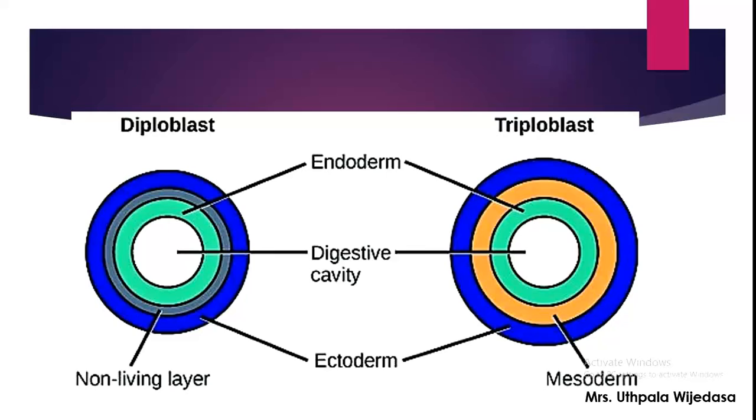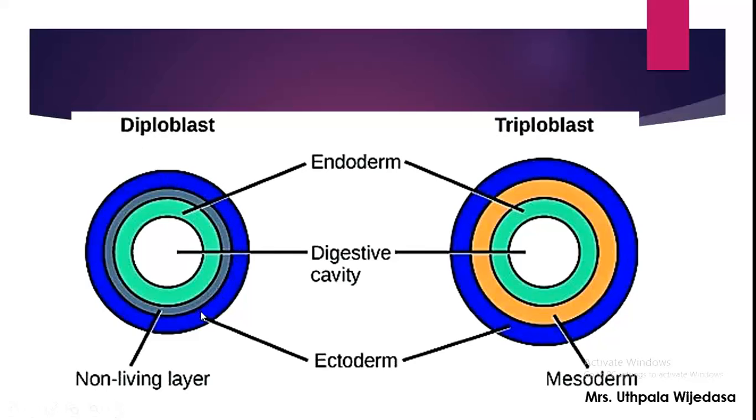Here you will learn that these cnidarians are the invertebrate group which are known as diploblastic. Diploblastic means they have only two germinal layers or cell layers.